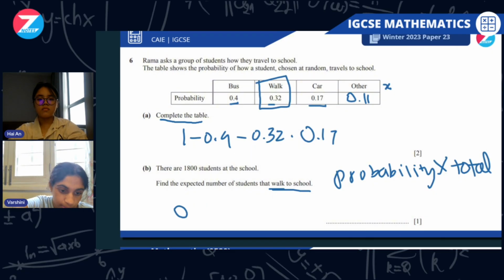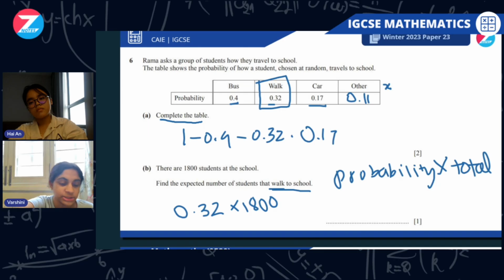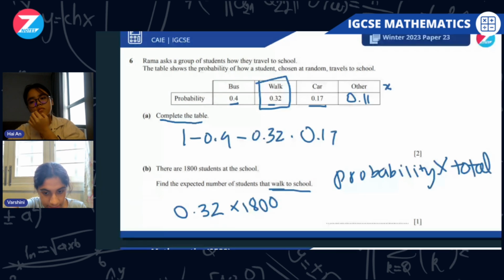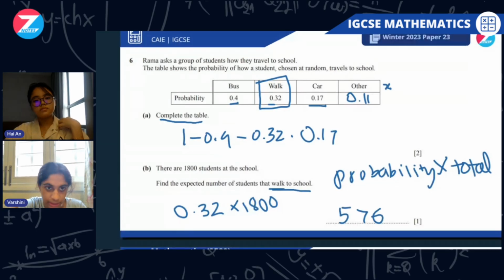So we're just going to multiply 0.32 by 1,800, because that means 0.32 out of 1,800 students are going to walk, I mean, the expected number. If you put that in your calculator, you should get 576. So 576 students, and that's our answer.